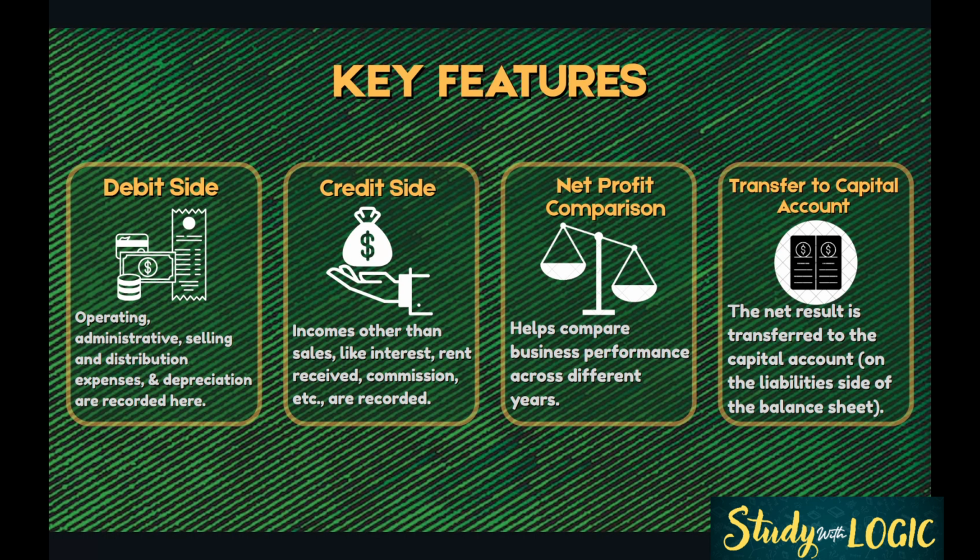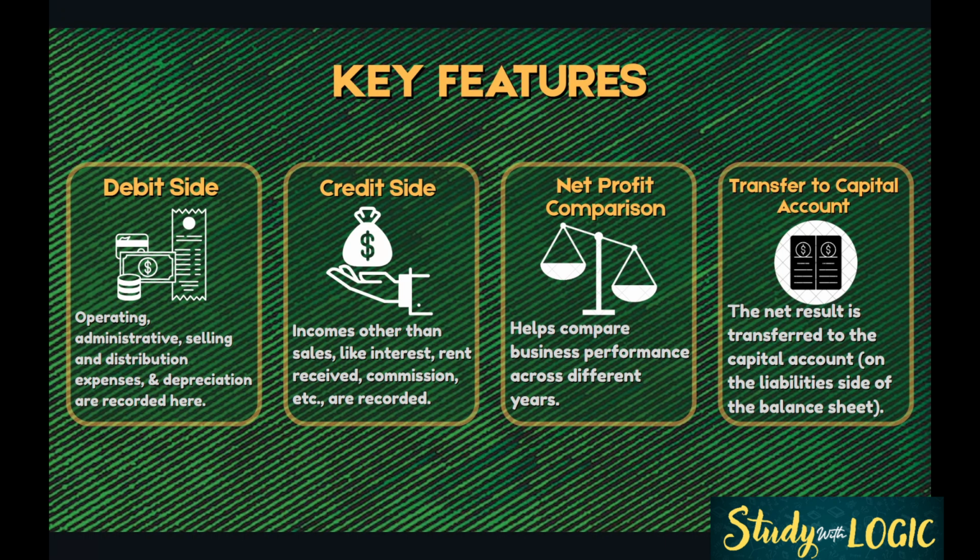And the last feature, the balancing figure of profit and loss exhibits net profit or net loss of the business, which is transferred to the capital account under the balance sheet liability side, which means the final net profit or loss is moved to the capital account which appears on the liability side of the balance sheet.